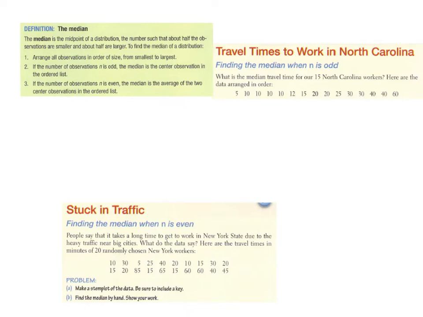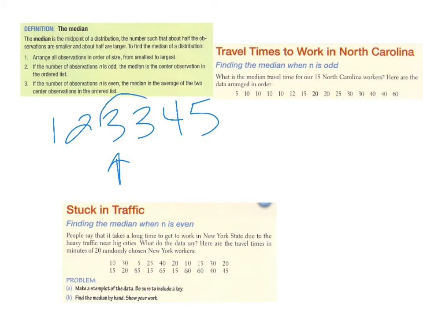Remember, if it's a data set with an odd amount of numbers, my median will be right there in the middle. If it has an even amount of numbers, I take my 2 points in the middle and I average them together. For this one, that wouldn't be a very difficult average.